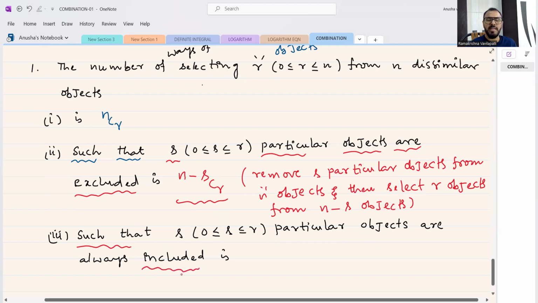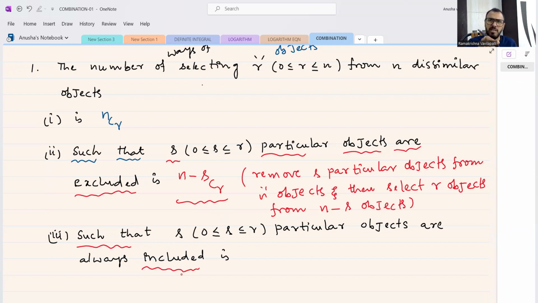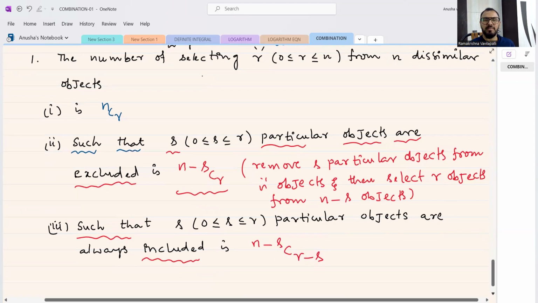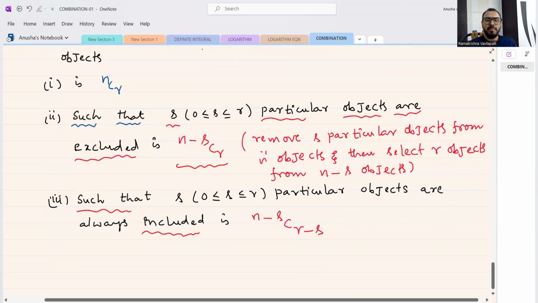They are recommended candidates, like recommended objects, always included, which means that you must take them. You have to take them. So it is n minus s C r minus s. I will explain how n minus s C r minus s.